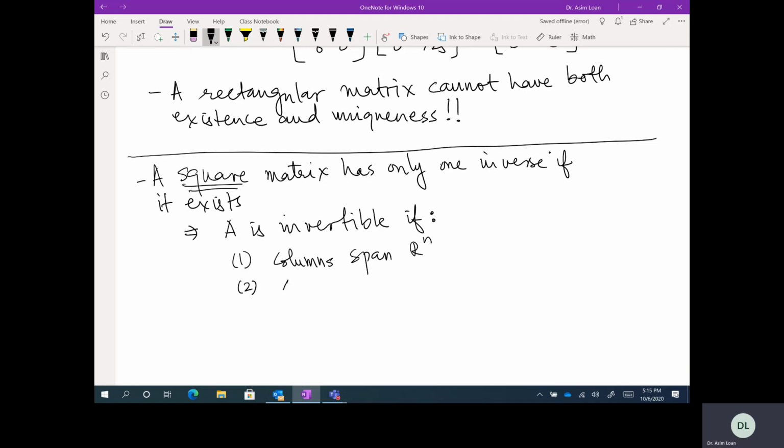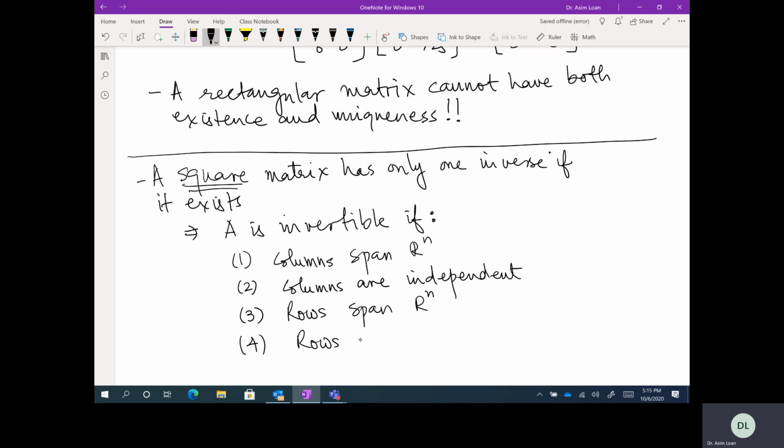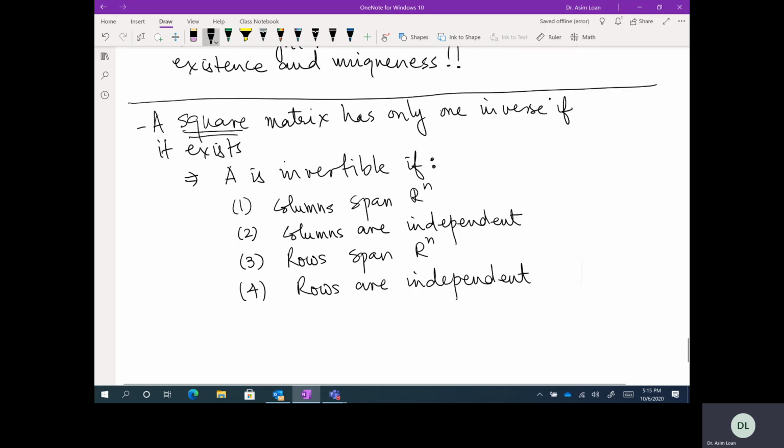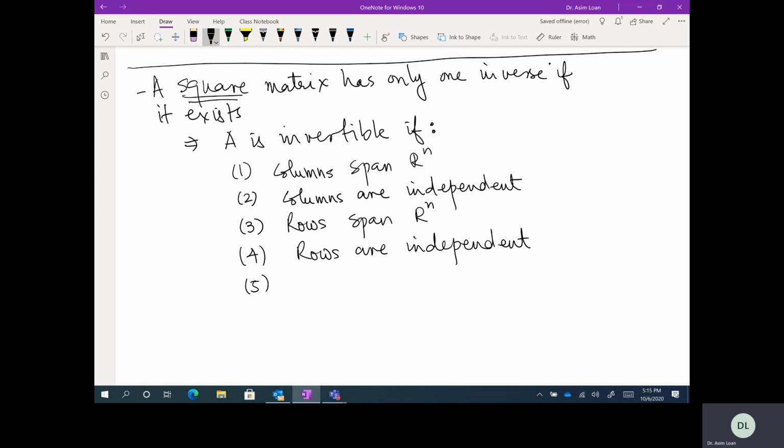Columns span Rn, columns are independent, it's one and the same thing. Rows span Rn, because it's a square matrix. Rows are independent. Elimination can be completed. So we have a full set of pivots. So elimination can be completed with n pivots.